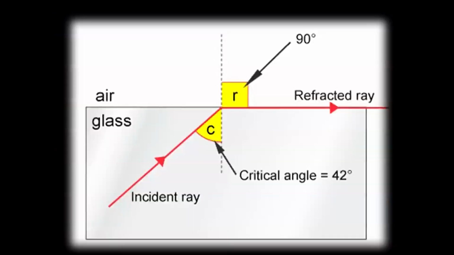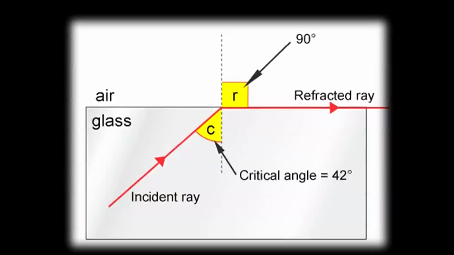Any discussion of refraction also necessitates the mention of the critical angle. So what is the critical angle? Now, when we think of the refracted ray or even the incident ray, let's take a case where the ray is going from a denser to a rarer medium. What we have studied till now suggests that the ray will deviate away from the normal.